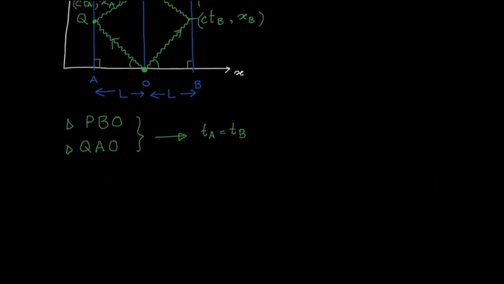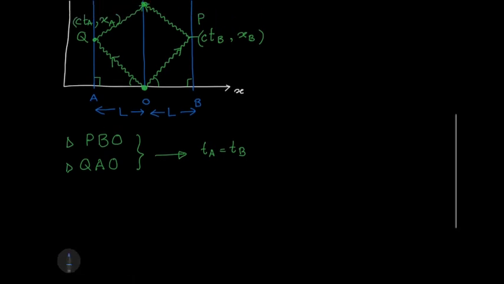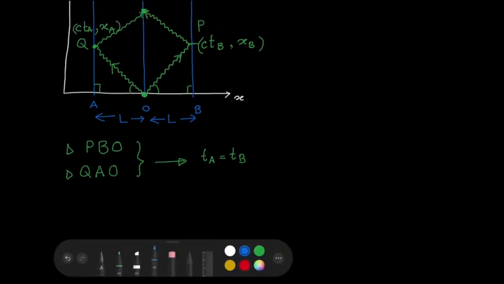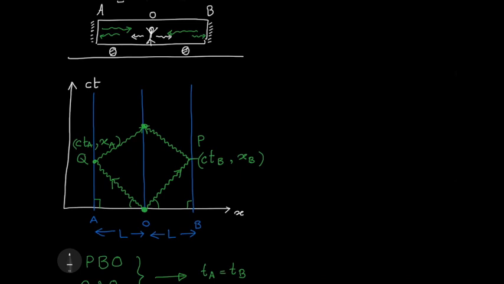So what does it mean? It means that at the two ends of the cart at A and B, the light has reached at the same time. So this is a single time here at which the light has reached two ends.